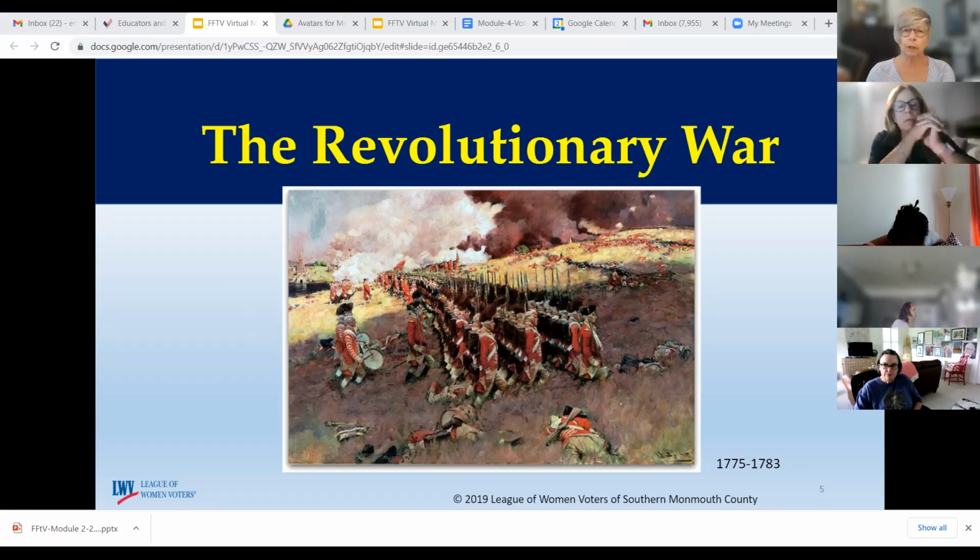We fought a war with England, and the Revolutionary War was for our independence. But what did we want to be independent for? Well, one way to look at that is that we were fighting the Revolutionary War because we wanted to have a say in what went on in our country. So you can think about it as the right to vote, a war for the right to vote.